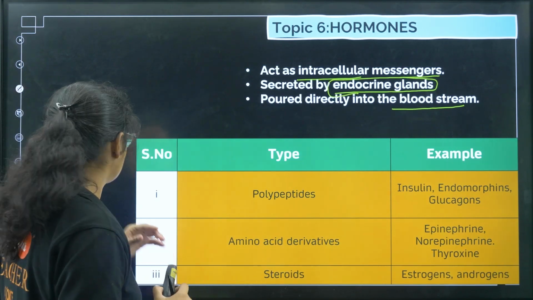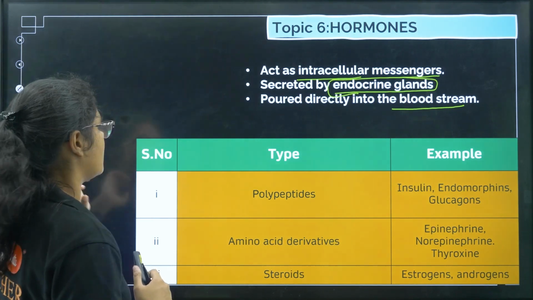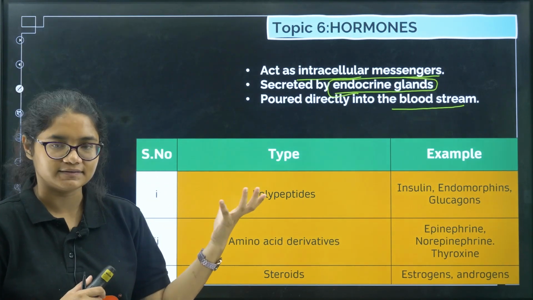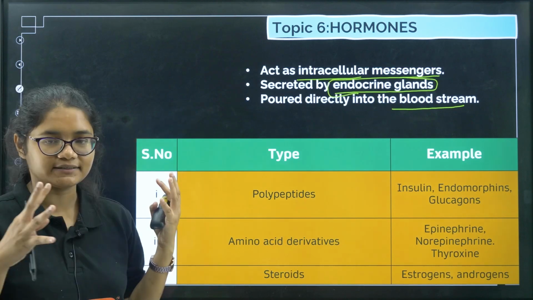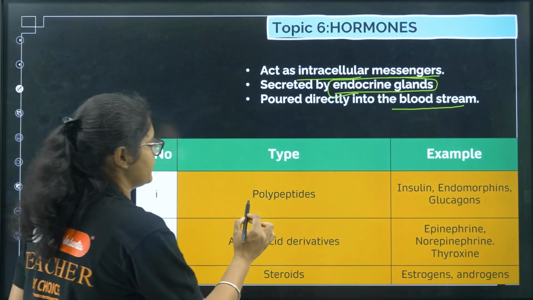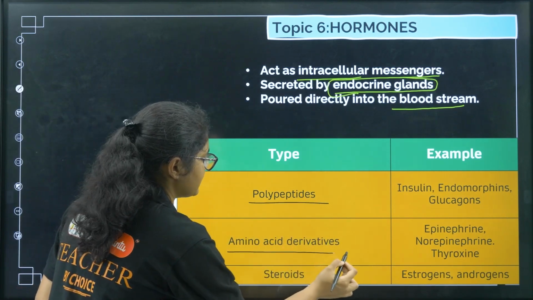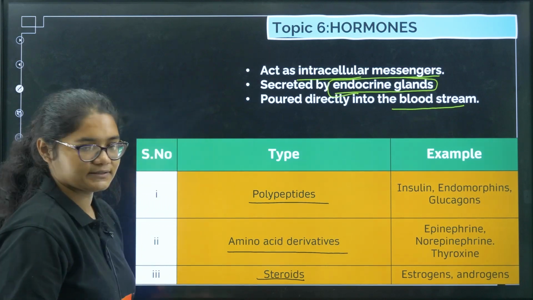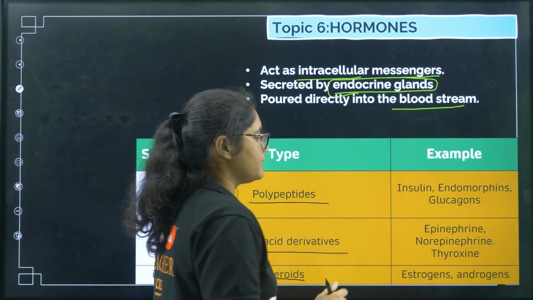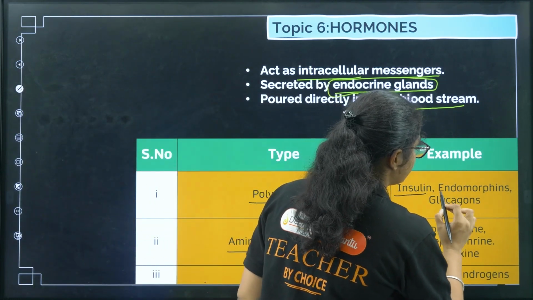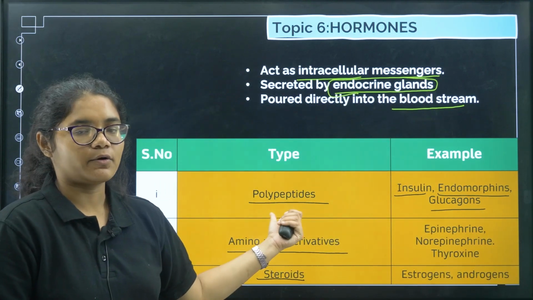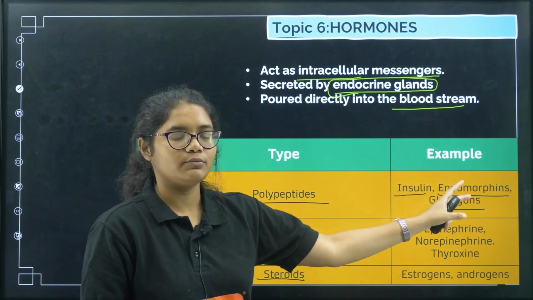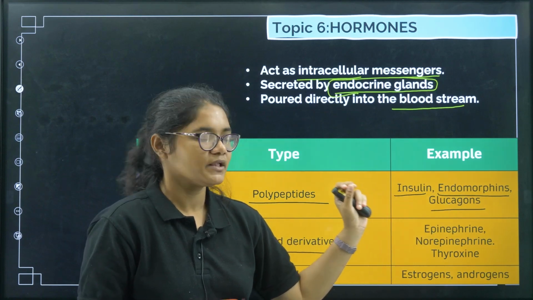Now coming to how many types of hormones we have. We have categorized them basically into 3 types. First is your polypeptides, then you have amino acid derivatives, and then you have steroids. Examples of polypeptides you can remember: insulin, endomorphin, and glucagon.